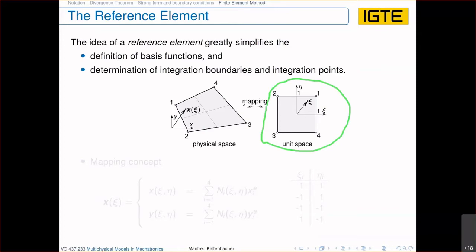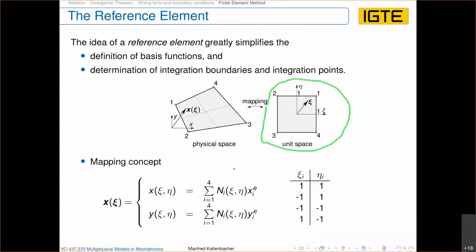And that means we have to find a mapping from any quadrilateral to such a reference element. And that we can do simply by the mapping concept as shown here, that we express the global coordinates x and y as it is also shown here.